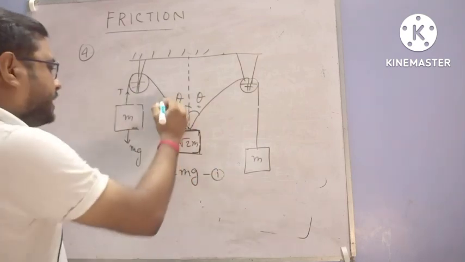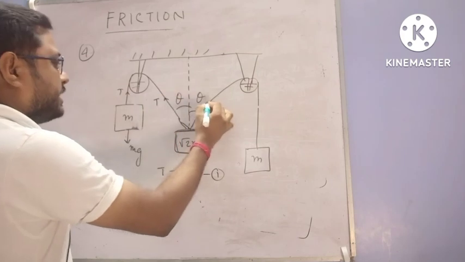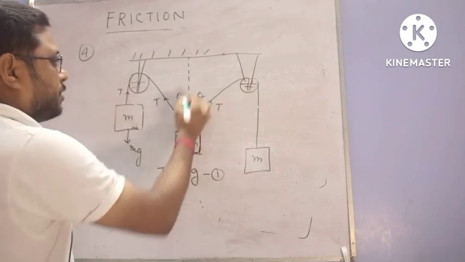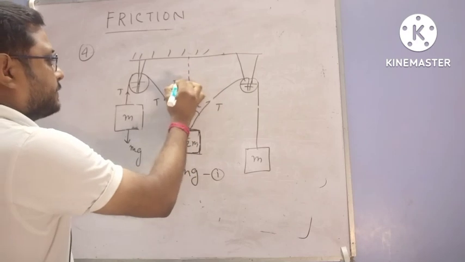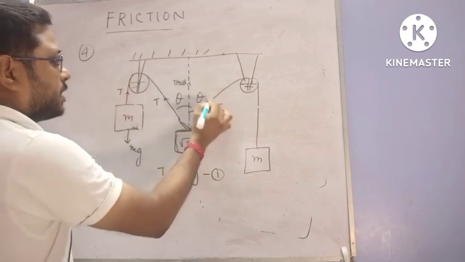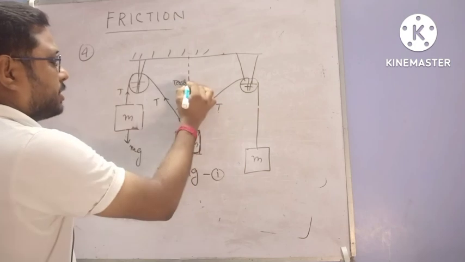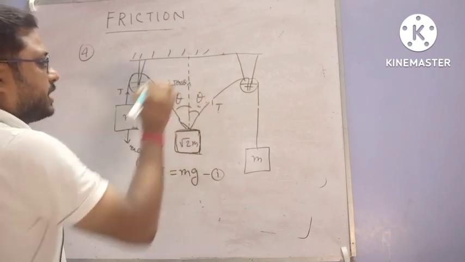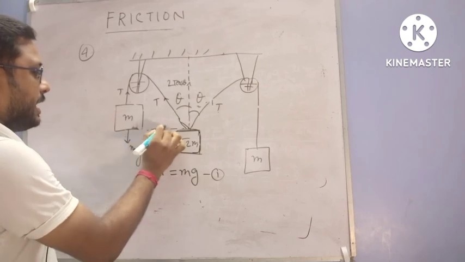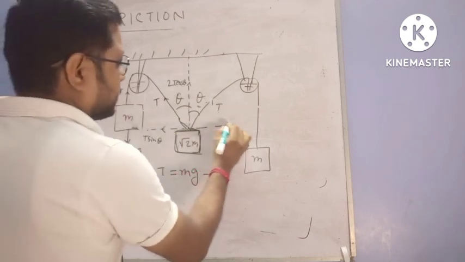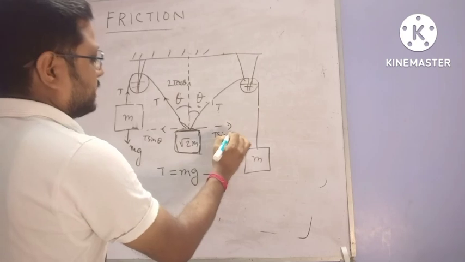Now, if the tension is T along this and T along this, what is the component of T along this? T cos theta, and for the other also T cos theta acts, therefore the net force is 2T cos theta. Along this, T sin theta acts in this direction, and along the other, T sin theta acts in the opposite direction.